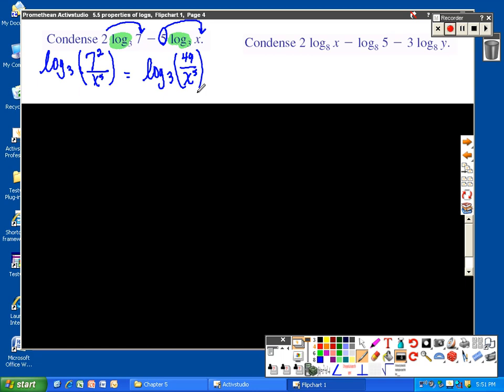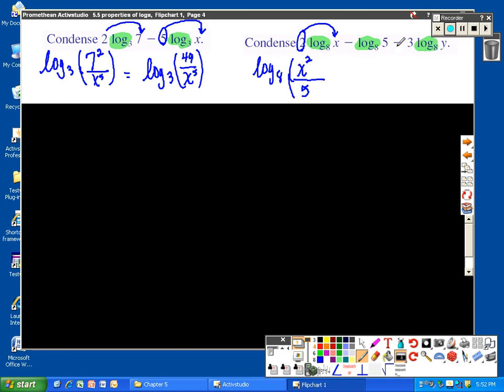Let's try the next one. What log are we going to write them all as? Log base 8. So again, here's a power. So it becomes log base 8 of x squared. Minus means divide. No power in front, so 5.